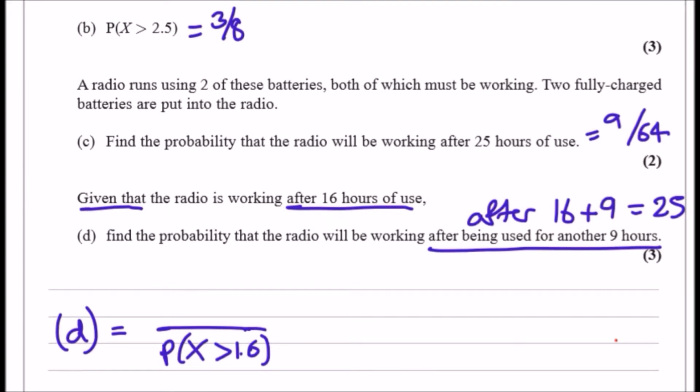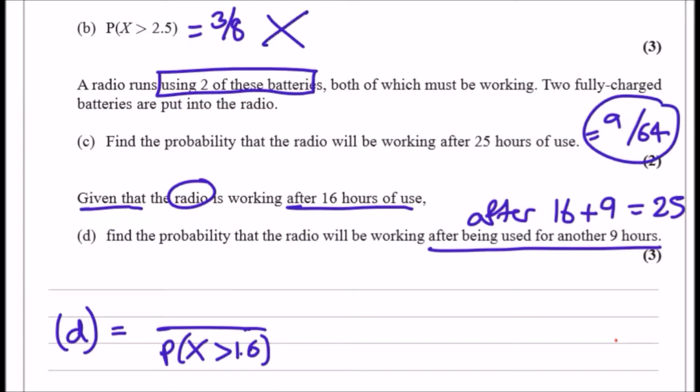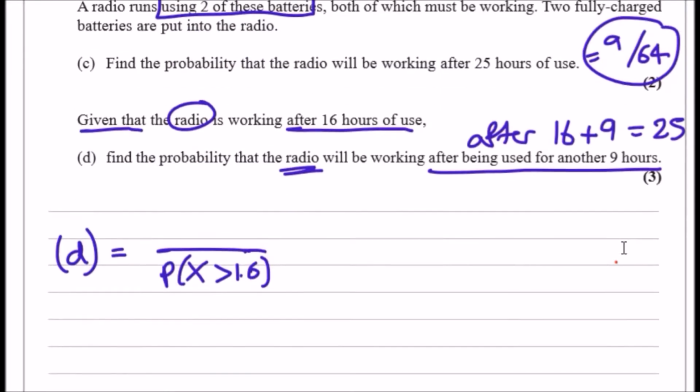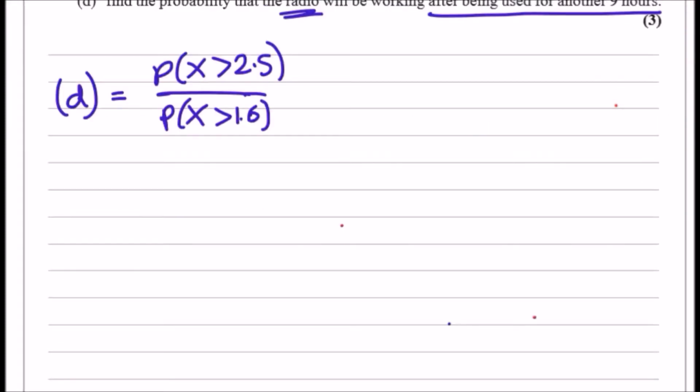We're talking specifically about the radio, meaning the radio requires 2 batteries, so we'd only care about this probability, not this one. This is the battery. This is a very common mistake, so be careful. We want the radio, which is 9 over 64. So this is officially written as x greater than 2.5.